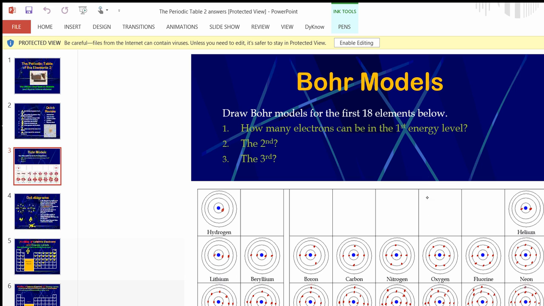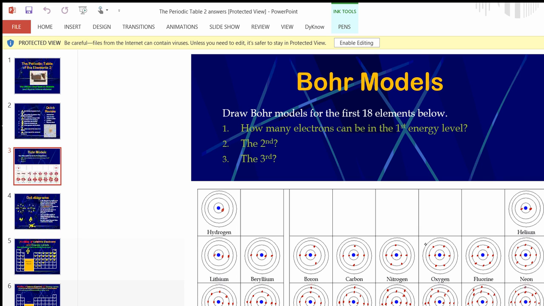The noble gases, we'll see their characteristics, but they tend to not react with anything, and that's because their outermost energy level is considered full. Once they have 8 electrons in the outermost energy level, they tend not to bond with anything else, regardless of whether that energy level is capable of holding more electrons.